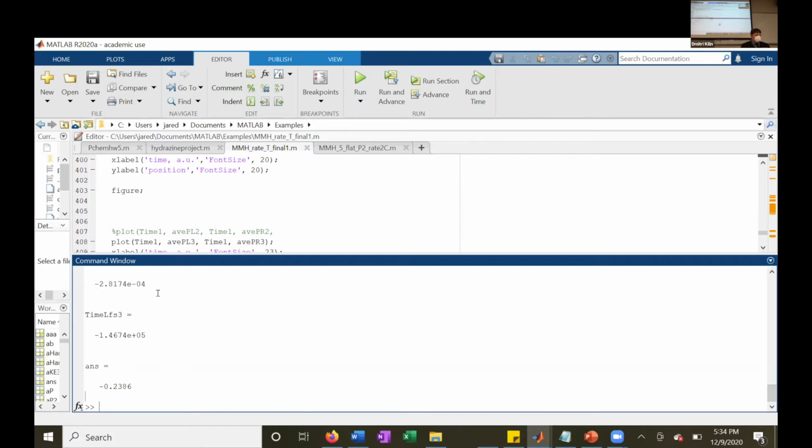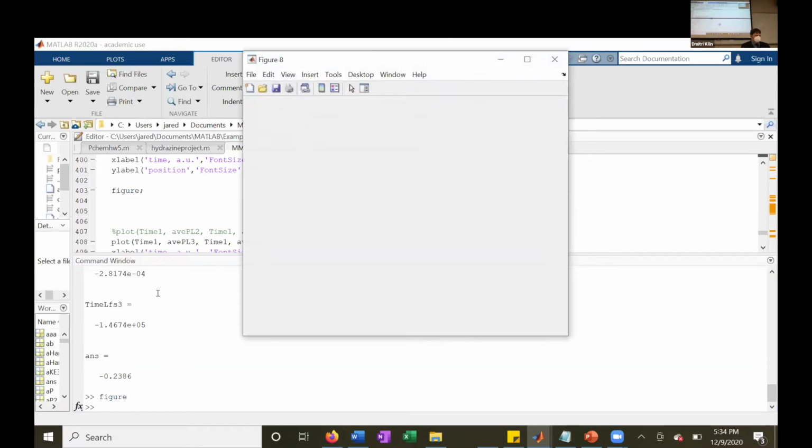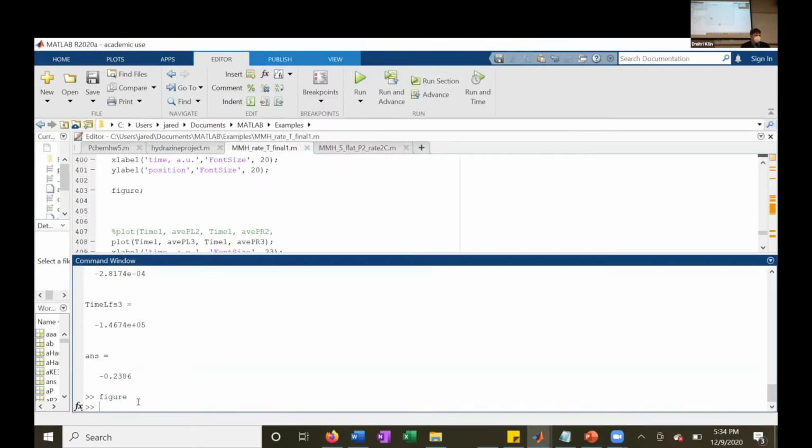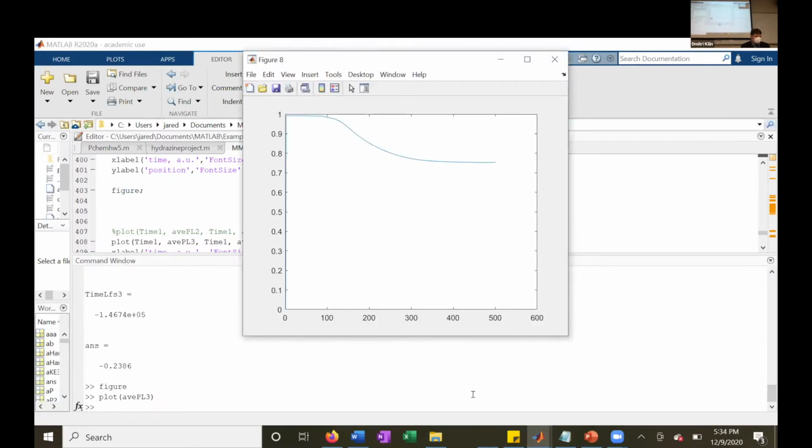So if you type figure, enter, and now plot this variable: plot, open bracket, AVEPL3, close bracket, enter. Or you can do, yeah, it's the same.